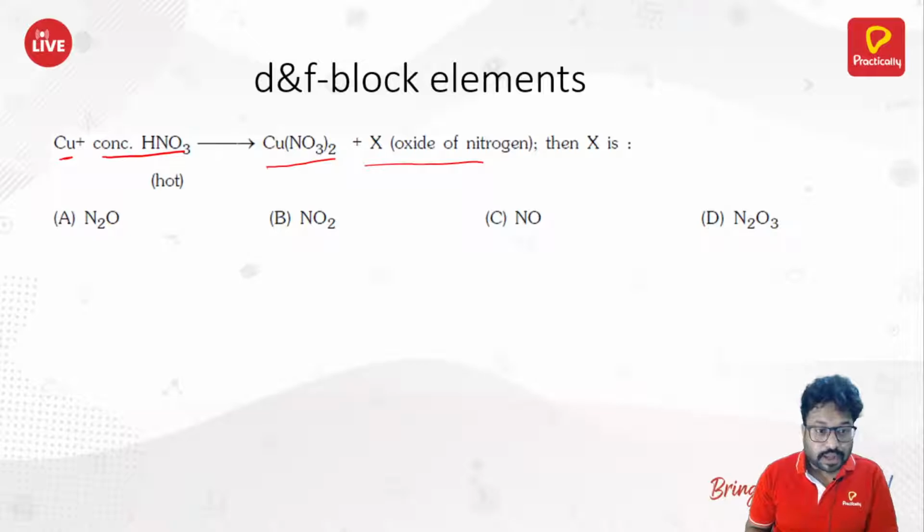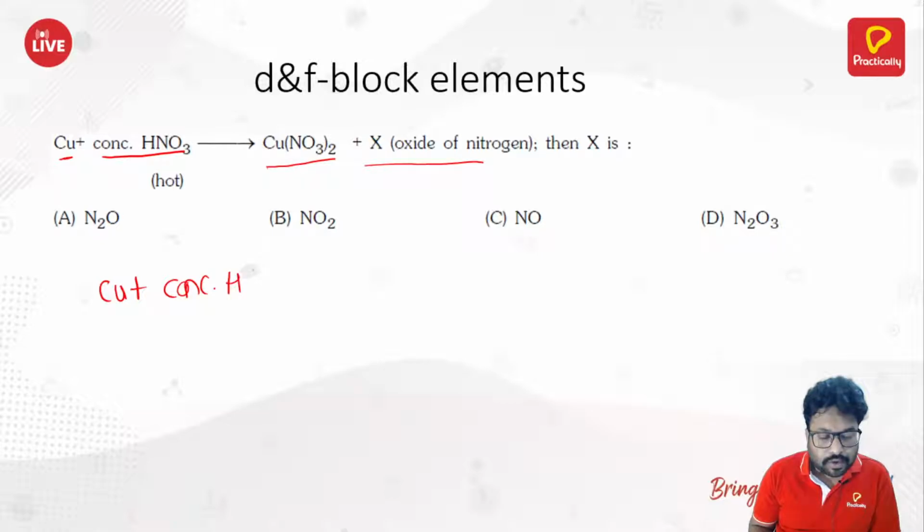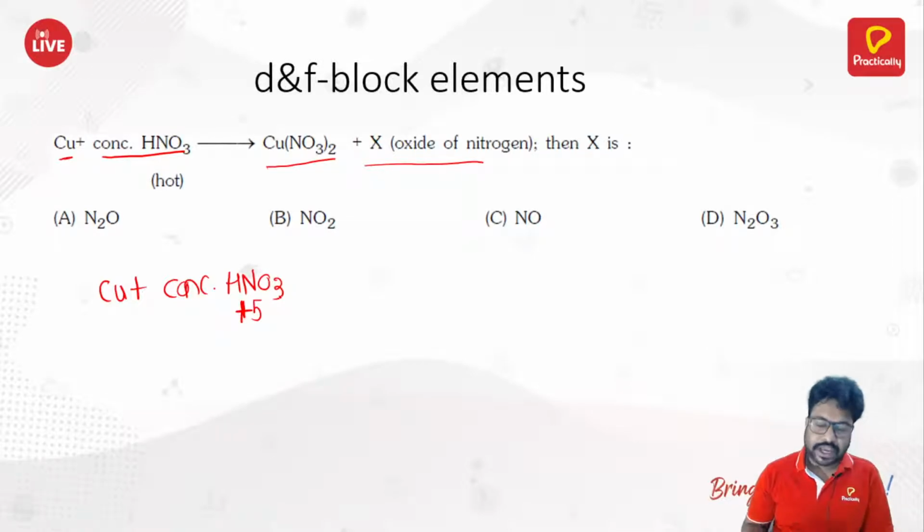Let me tell you. Whenever copper reacts with concentrated HNO3, the oxidation state of nitrogen in HNO3 is how much? It's +5, right? We have calculated it multiple times. Okay, what is the oxidation state of copper here?